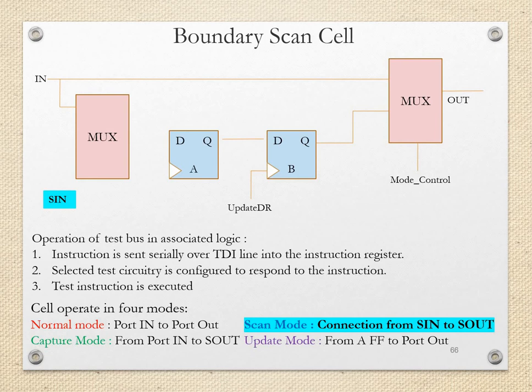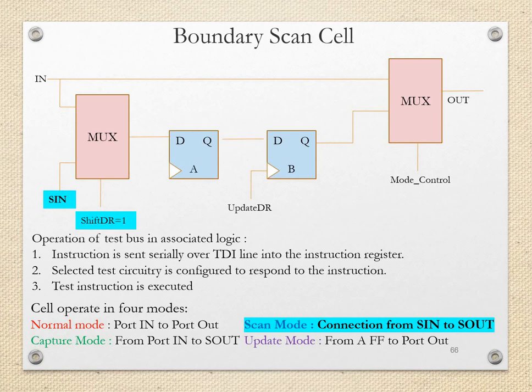So signal in, some signal which is generated internally, is taken. Now this multiplexer select input should be set to 1, that is shift DR. The data register is set to 1, so that the S input, signal input, will be selected.